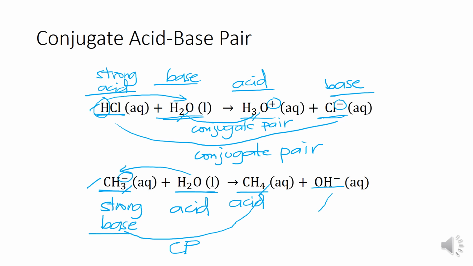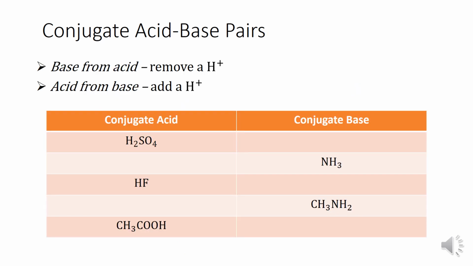In the same manner, hydroxide was formed from water, so that is another conjugate pair. Since water is acting as an acid, then hydroxide must be a base. So again, in each conjugate pair, we have an acid and a base.